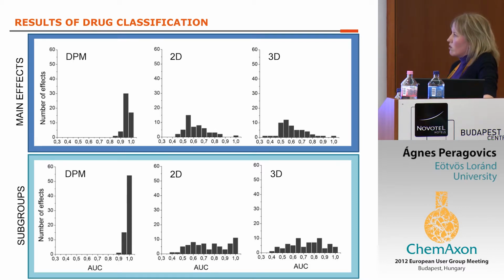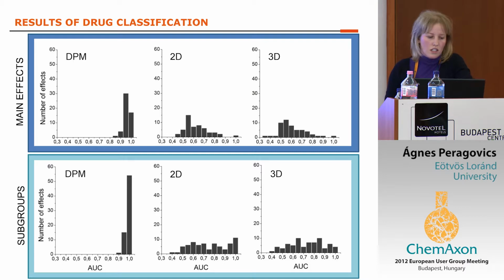For all three methods, the division of the molecules into more cohesive subcategories could improve the classification accuracy as expected.